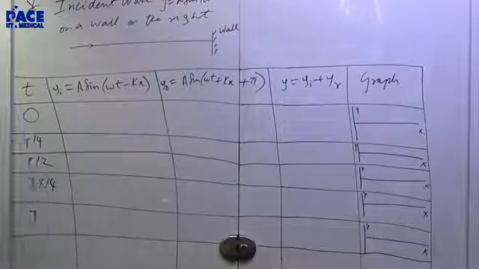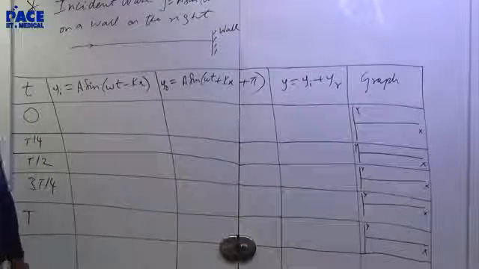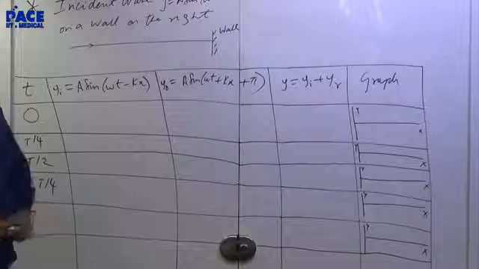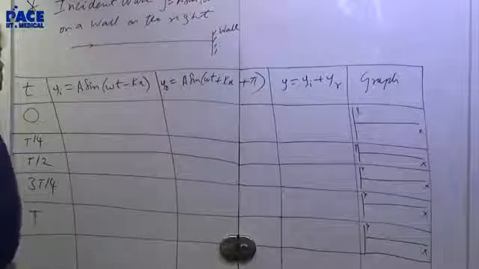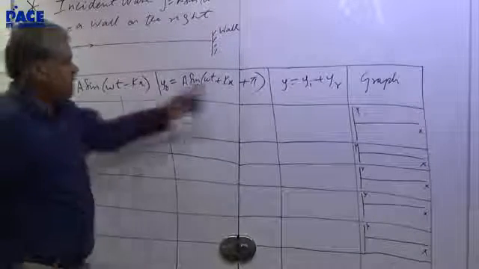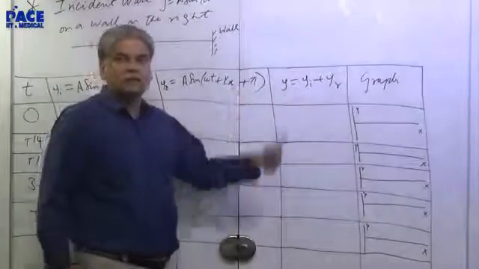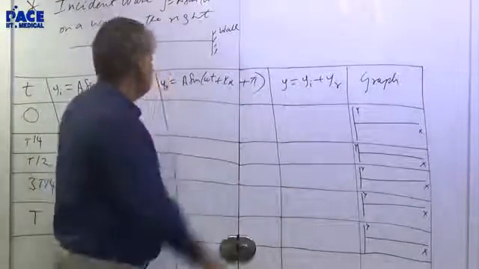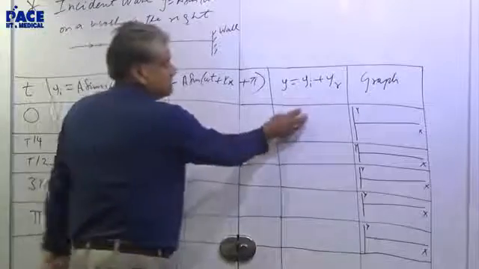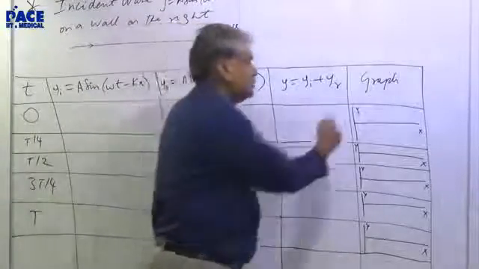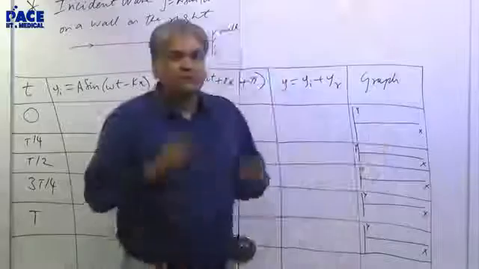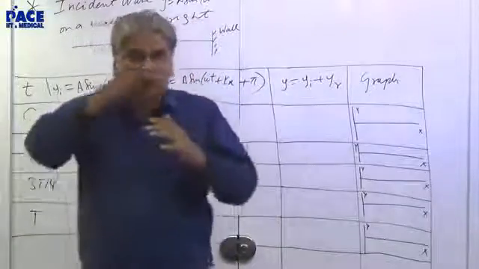I have incident, and reflected, omega t plus kx plus pi. This and this will superimpose, we write it here, and whatever comes, we will draw it here. So we will know step by step what is happening, how the string looks.